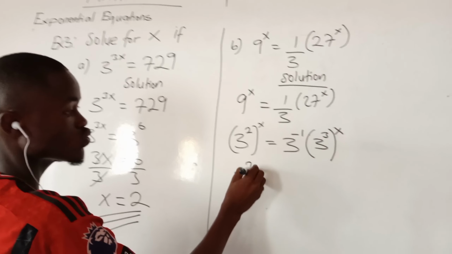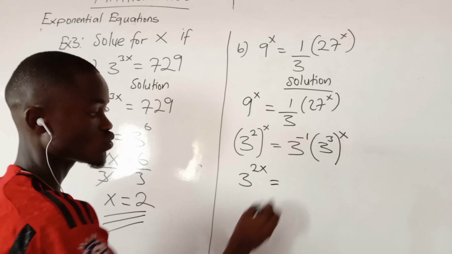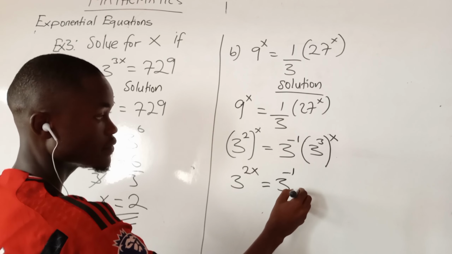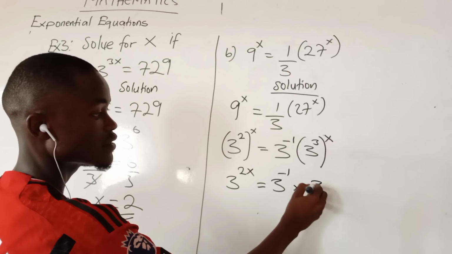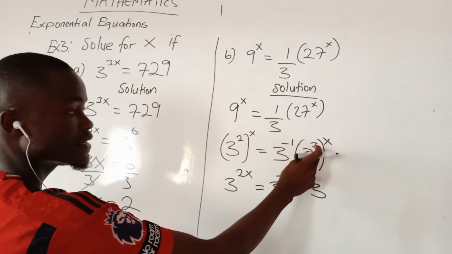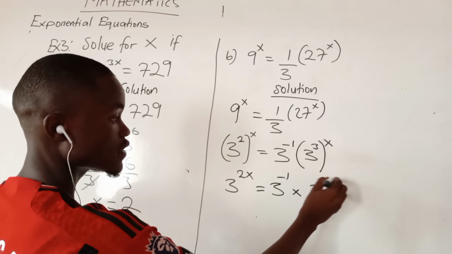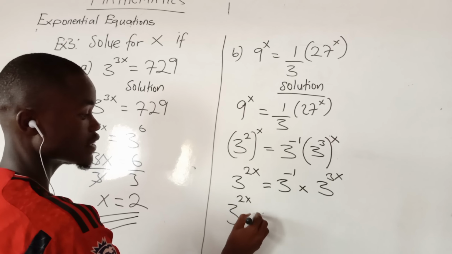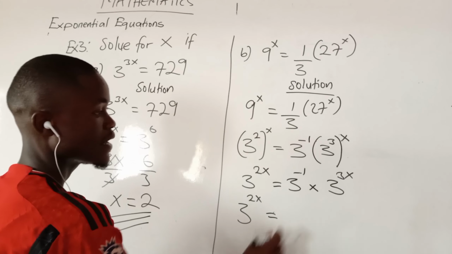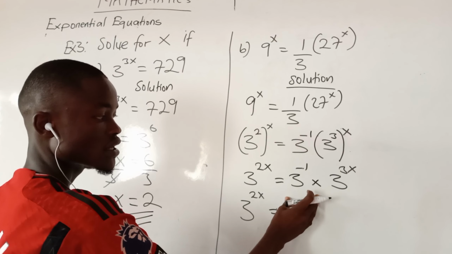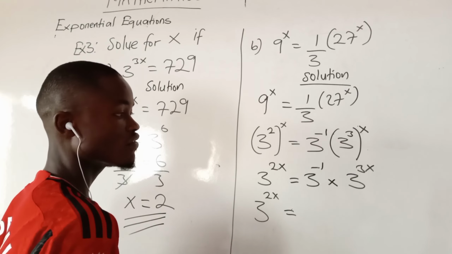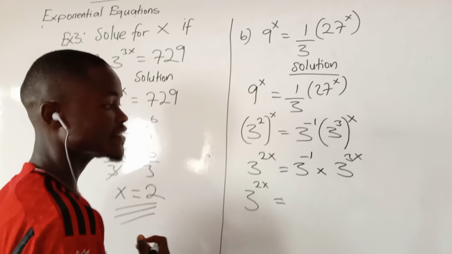3 raised to the power 2x equals 3 raised to the power minus 1 times 3x, you multiply 3 times x, which is 3x. So 3 raised to the power 2x equals 3 raised to the power minus 1 times 3 raised to the power 3x. Mind you, this part of the question involves the multiplication law of indices.